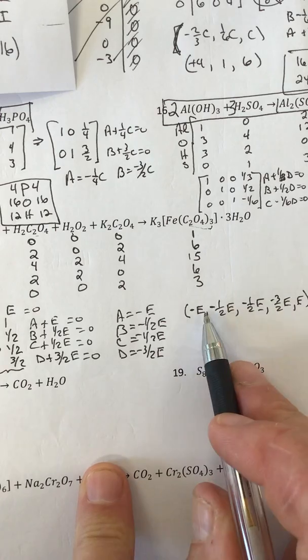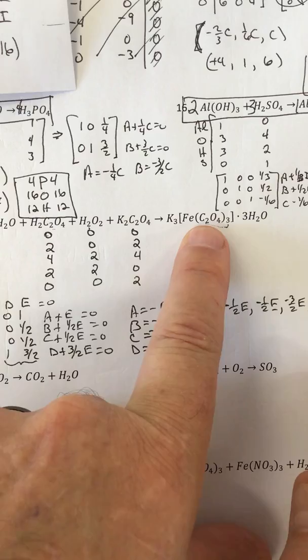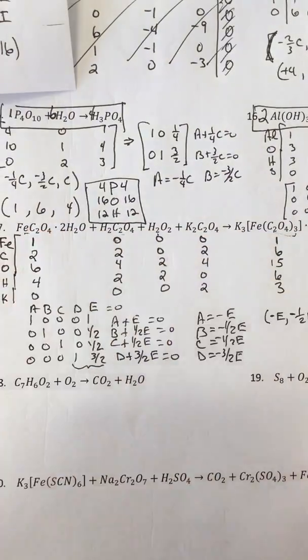Well, that's saying all of those are on the same side, and this one's on the other side. There's only one term over here, that's the E, and then all the other ones are on the other side. So that makes sense that we have a negative there.